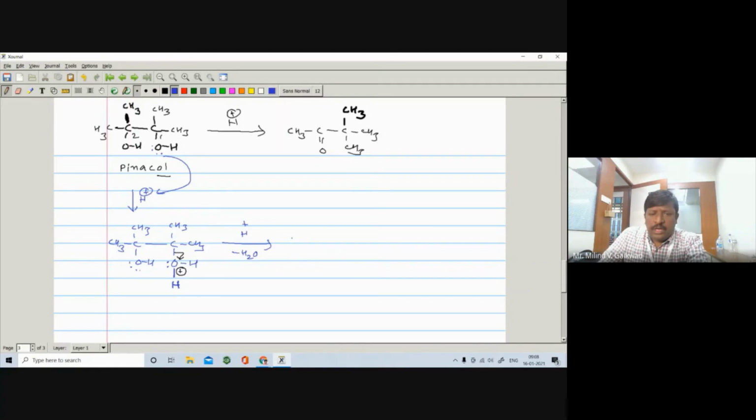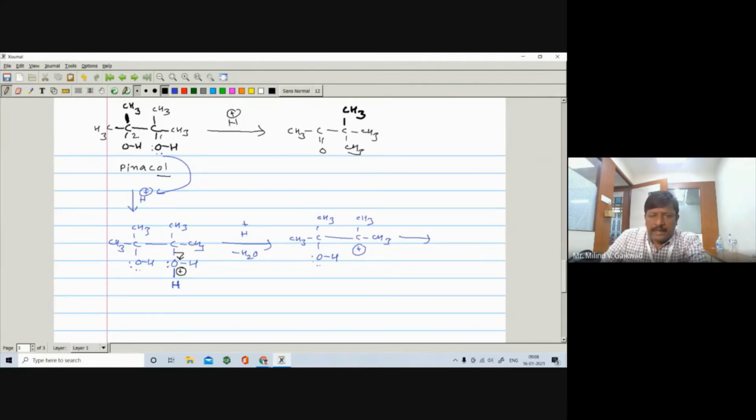So here is the CH3, here is the carbon, here is the CH3, here is the O, here is the H, lone pair, and here is the carbon CH3, also CH3, and it becomes the carbocation, C positive. Now this carbocation further undergoes rearrangement, a 1,2-methyl shift.